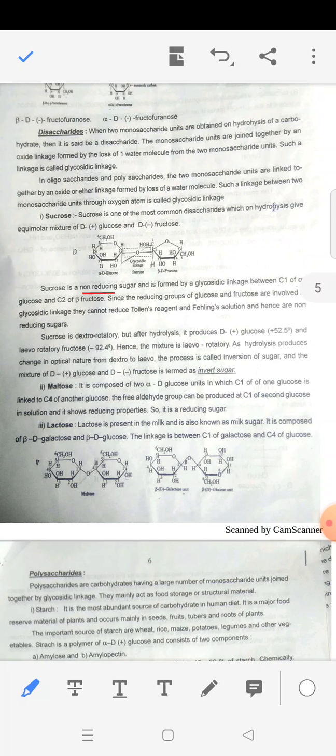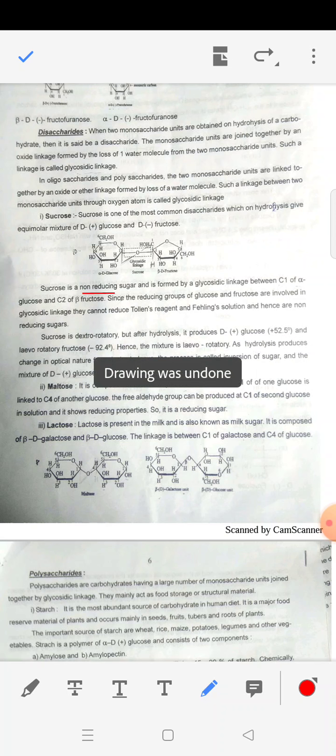Sucrose itself is dextrorotatory. That means it is capable of rotating the plane of polarized light towards the right. But upon hydrolysis, it produces glucose, which has a rotation of plus 52.5, and fructose, which has a rotation of minus 92.4 degrees.